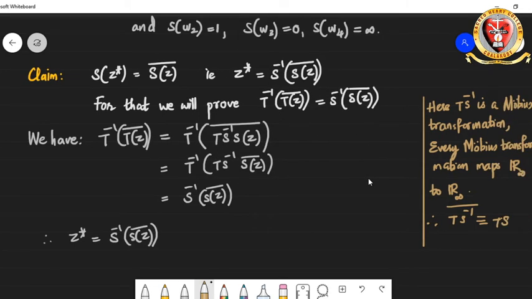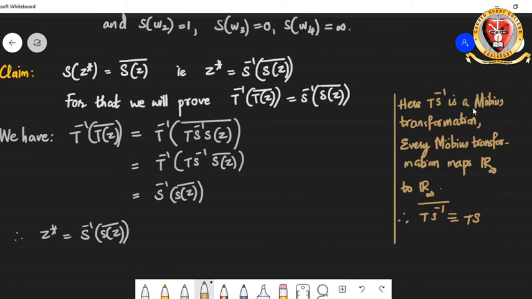Okay, so we know that S and T are definitely Mobius transformations, and their inverses are also Mobius transformations, and compositions of Mobius transformations are also Mobius transformations, right? So here T S inverse is definitely a Mobius transformation, and in the earlier question we proved that every Mobius transformation maps the extended real line to the extended real line, right?